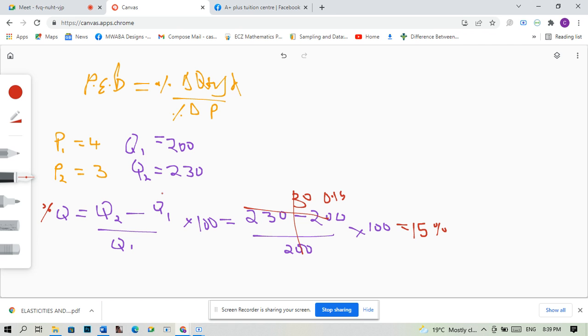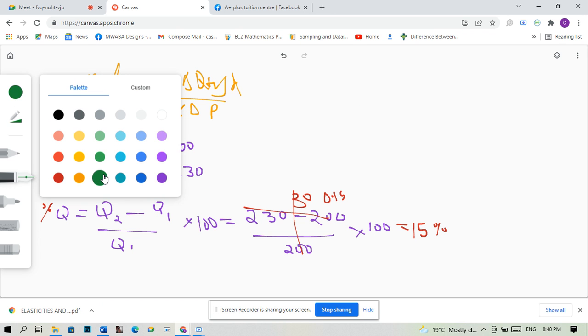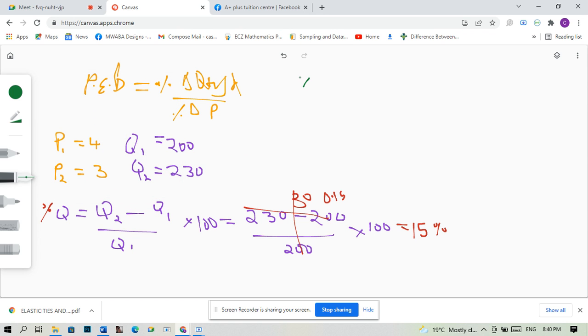Now I'll find the percent change in price. Percent change in price equals P2 minus P1 over P1 times 100.